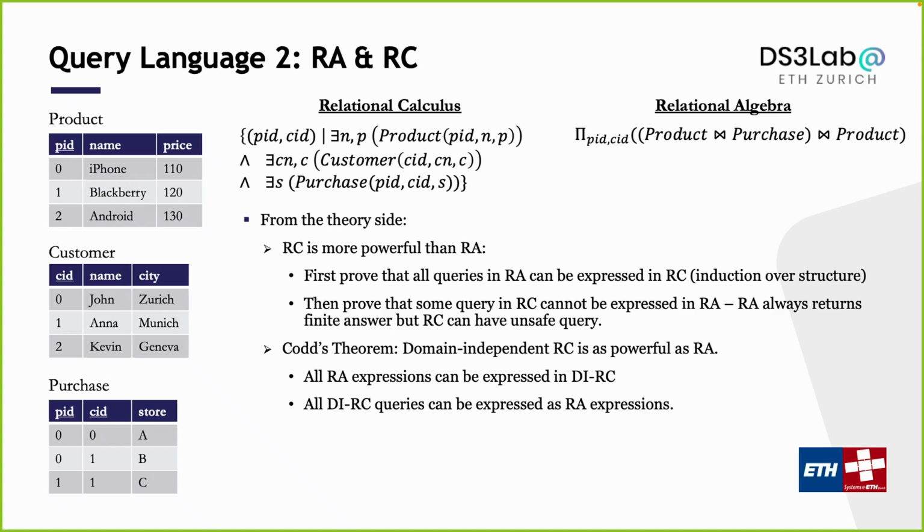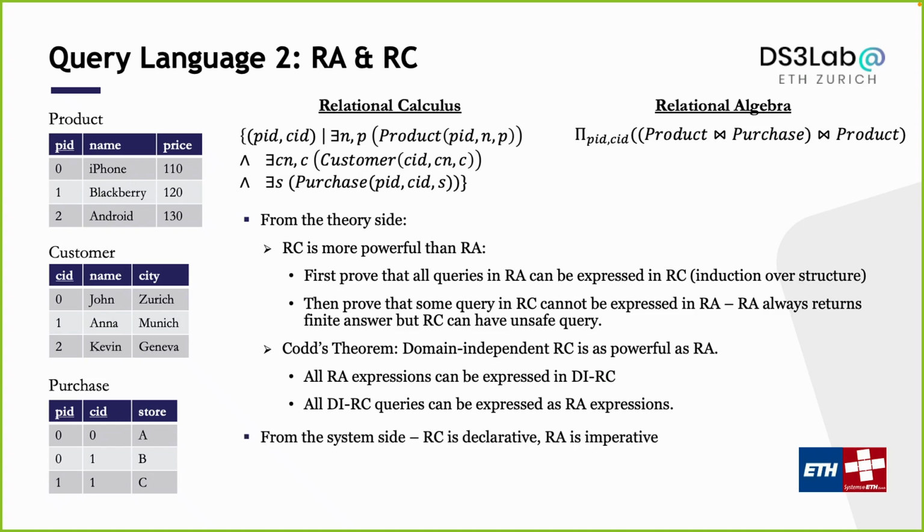We are not going to show the proof because it's super long, and we are not going to put it in the exam. But it's very important for you to know that every single query you are able to write in domain-independent relational calculus, you can find a corresponding implementation using relational algebra, and also the other way around.